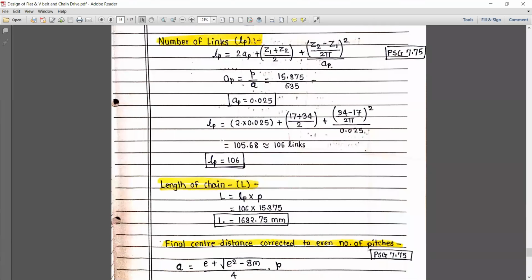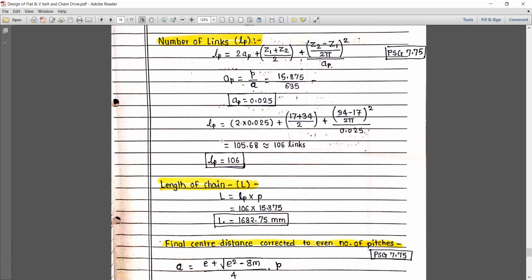Here we have calculated all the values, and what we get is the value of Ap, the approximate center distance divided by pitch. Putting all the values of Ap, Z1, Z2, we get Lp equal to 105.68, which is equivalent to 106.